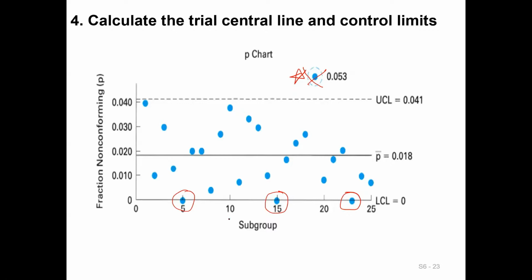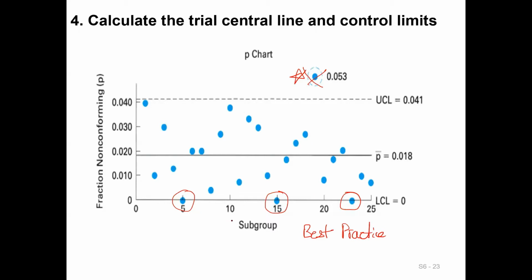But these 3 points are a very good reference for you to find something that we call a best practice. These are the points where the process performed very well.